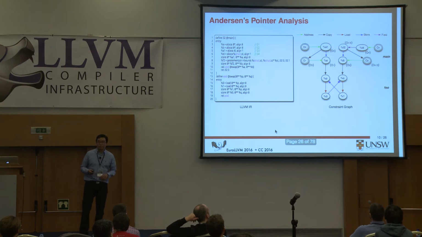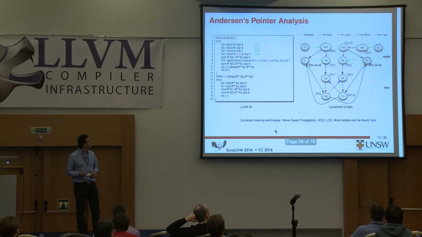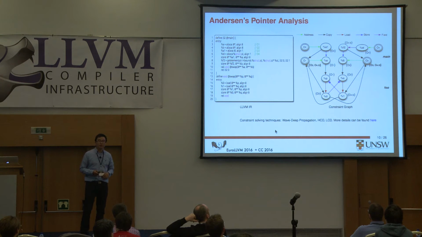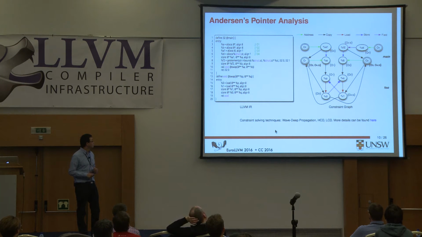And then we perform the constraint resolution to solve this graph, until eventually a fixed point. There are many constraint resolution techniques, and several constraint solvers have been proposed by other researchers. More details can be found on the wiki site of our tool.